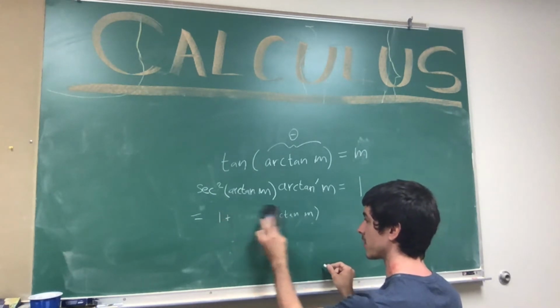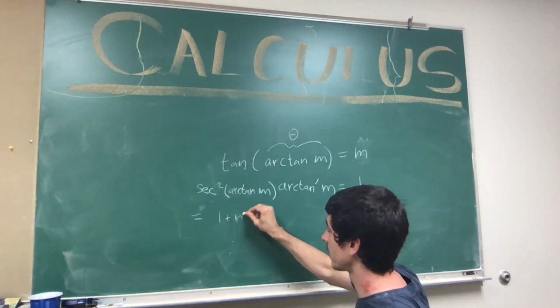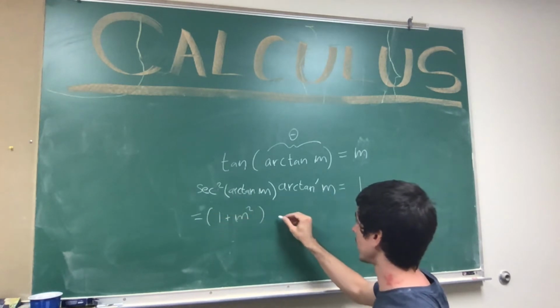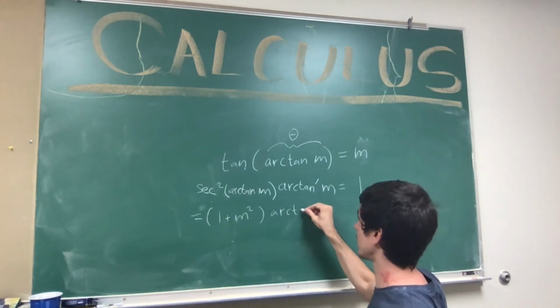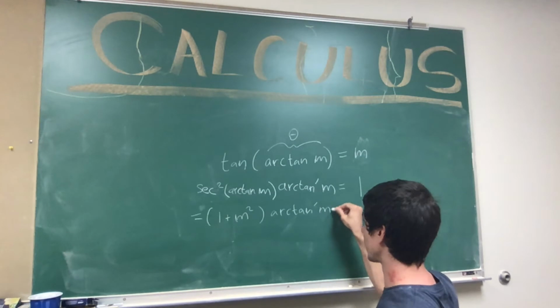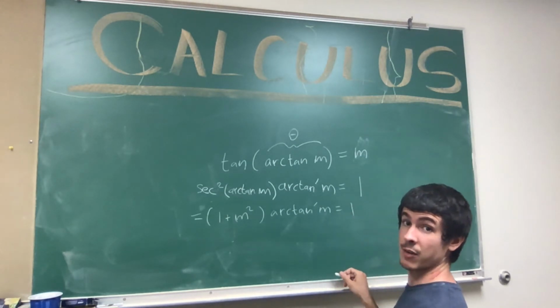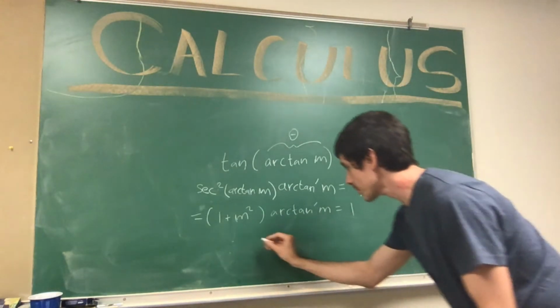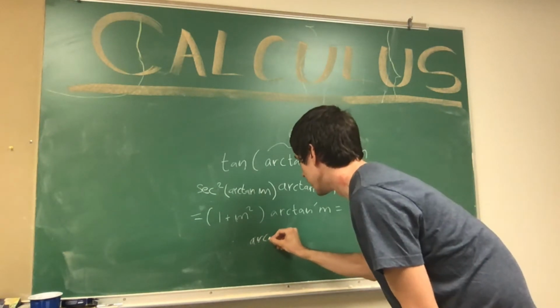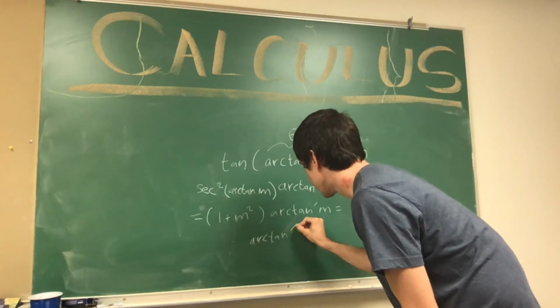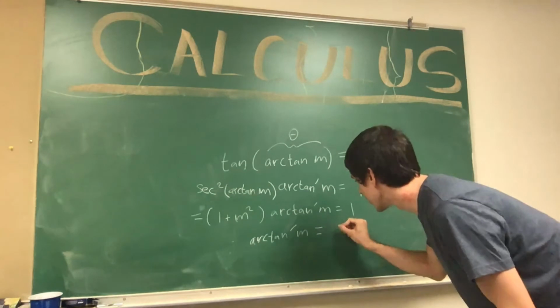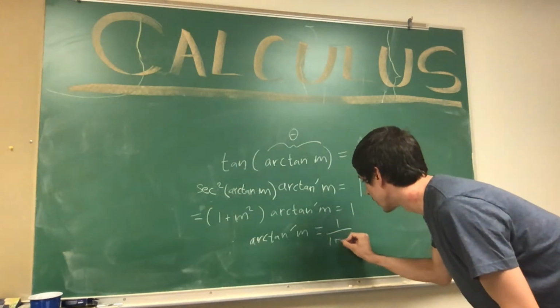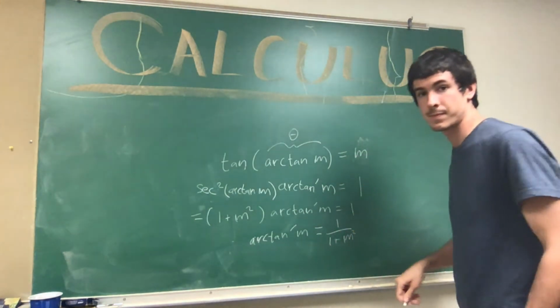So taking the inverse function, that's just going to be m squared. 1 plus m squared times arctangent prime of m equals 1. Again, we divide over to the other side, and we get arctangent prime of m equals 1 over 1 plus m squared.